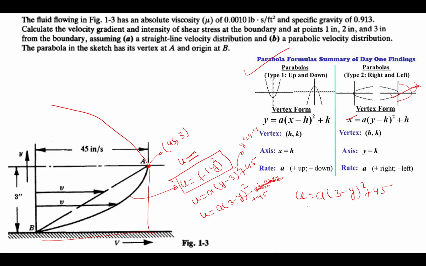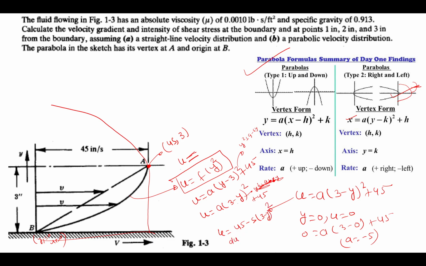How will you calculate a? At y equal to 0, u is also 0. So if you put 0 equal to a(3 minus 0) squared plus 45, it will come out a is equal to minus 5. So when you put this in, u is equal to 45 minus 5(3 minus y) whole squared.